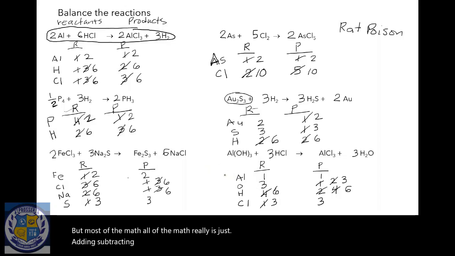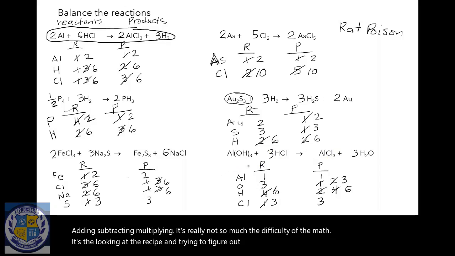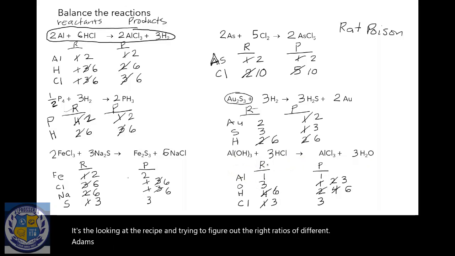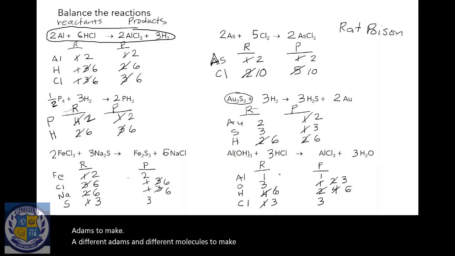It's really not so much the difficulty of the math. It's the looking at the recipe and trying to figure out the right ratios of different atoms to make different molecules to make things balance. Okay, so I'm going to end it here.